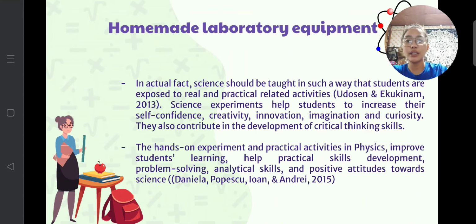They also contribute to the development of critical thinking skills. The hands-on experiments and practical activities in physics improve students' learning and also help practical skills development, problem solving, analytical skills, and positive attitude towards science, according to Daniela Popisco, Lone, and Andre in 2015.